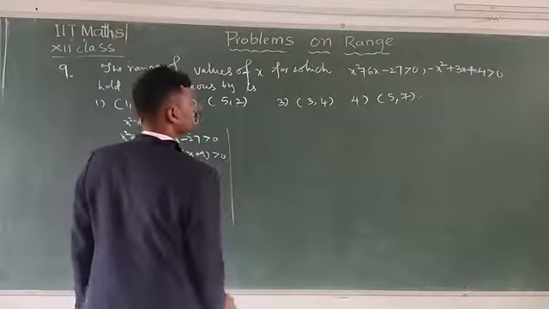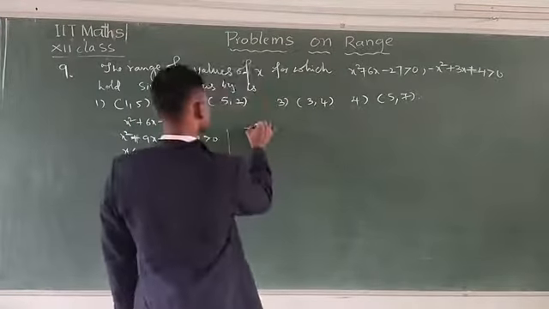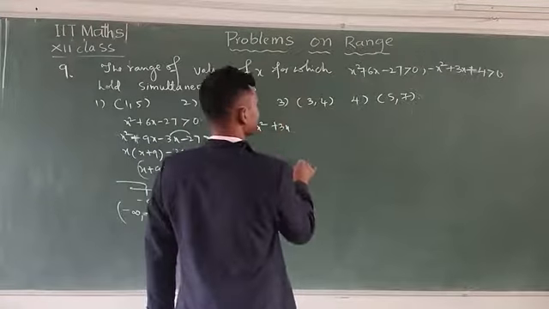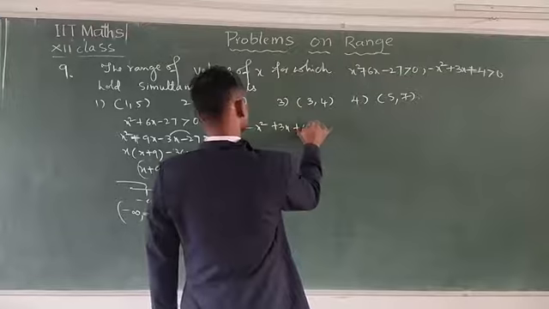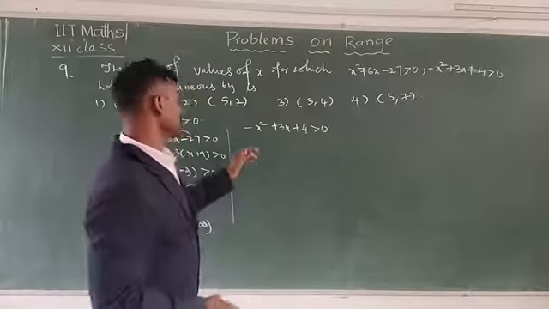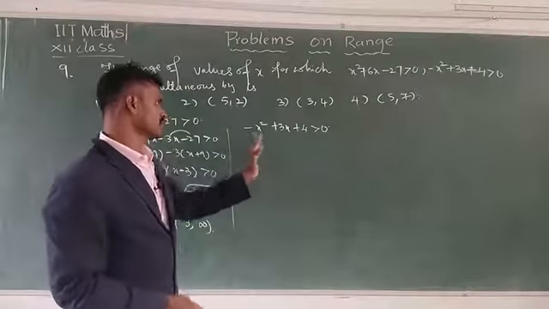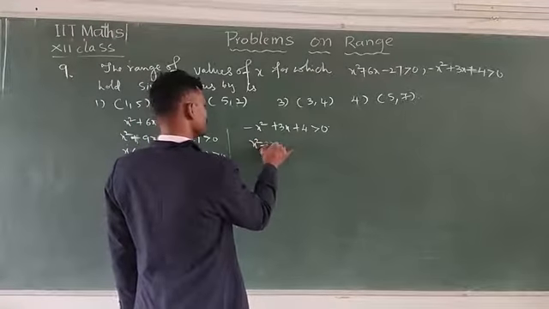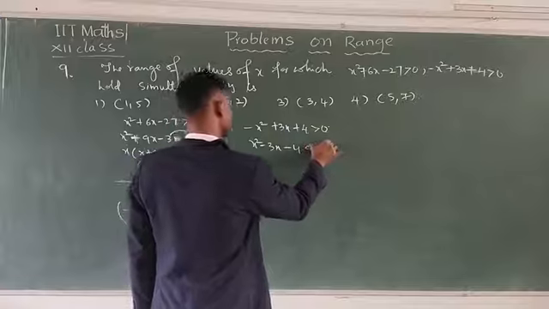Now see here, the second one: minus x square plus 3x plus 4 is greater than 0. Since there is a minus sign, multiply the whole inequation by minus 1, then x square minus 3x minus 4 is less than 0.